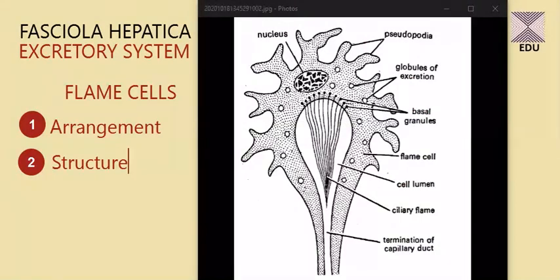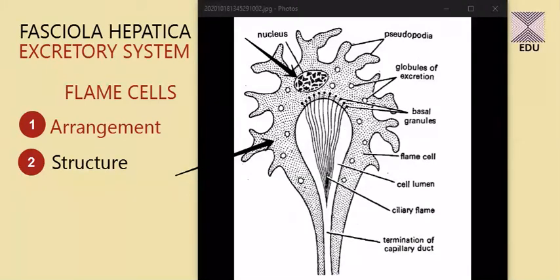Now here we are taking up the structure of a single flame cell. Students, in the diagram you can see this is a single flame cell. Now we'll talk about why it is called a flame cell. This is the main body of the flame cell.